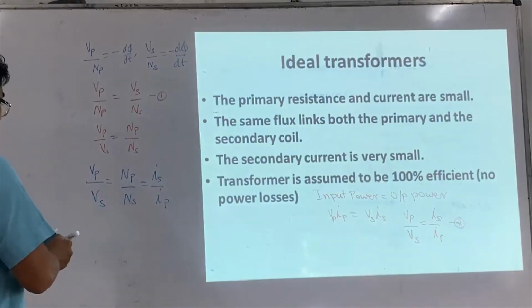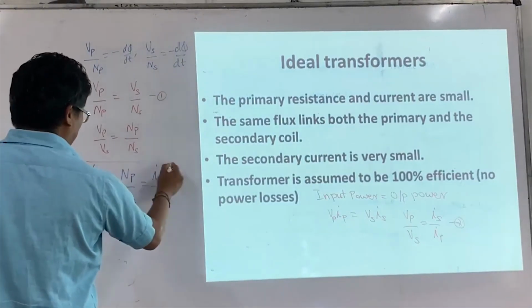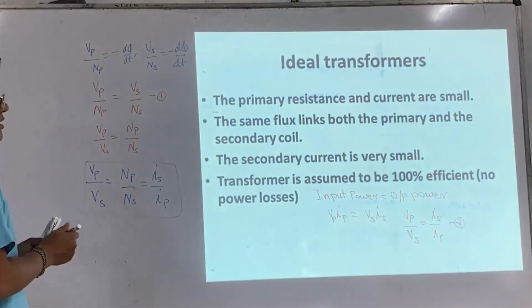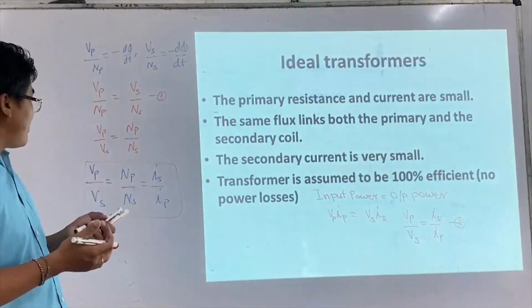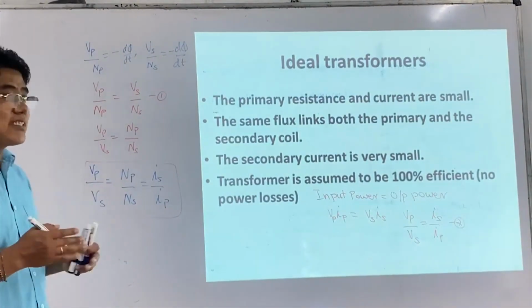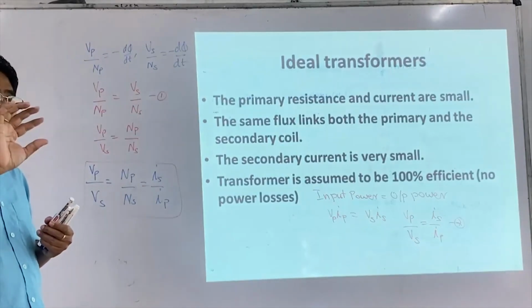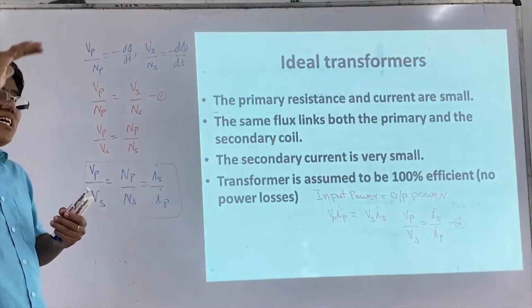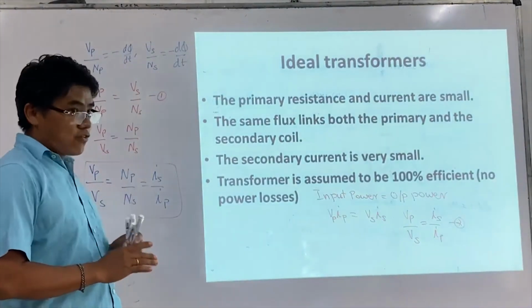This is what we term the transformer equation, and this equation tells us how current is related to number of turns and to voltage. So this equation tells that if I increase the voltage, current is going to decrease. If I increase the current, voltage is going to decrease. So this is what we talk about in a transformer.